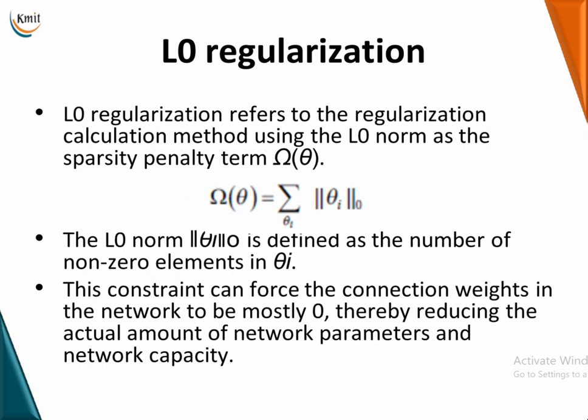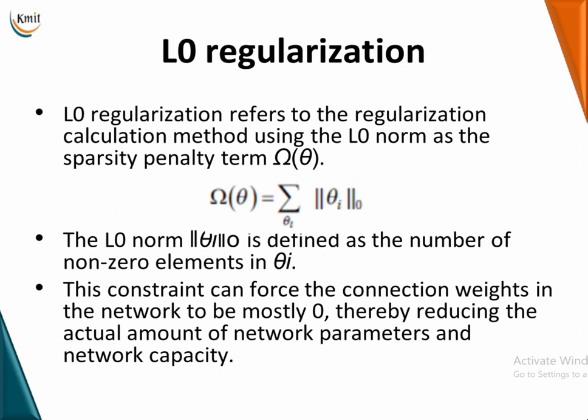So what is this modulo of theta of 0? It is defined as the number of non-zero elements which are present in that set of parameters. Theta is nothing but your set of model parameters. So under that, how many non-zero elements are there? That is going to be summed, and then it is going to give you the value of omega of theta.